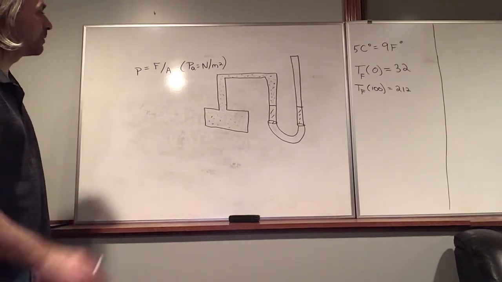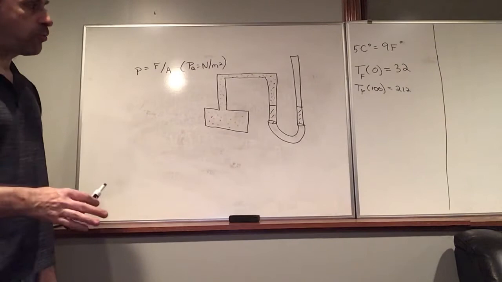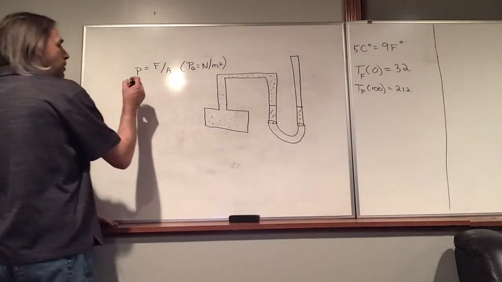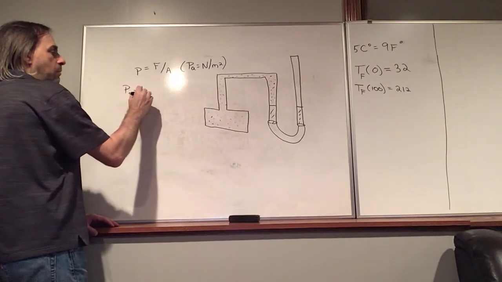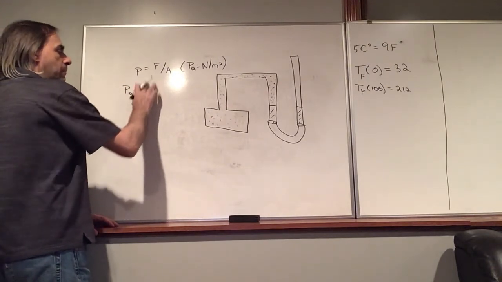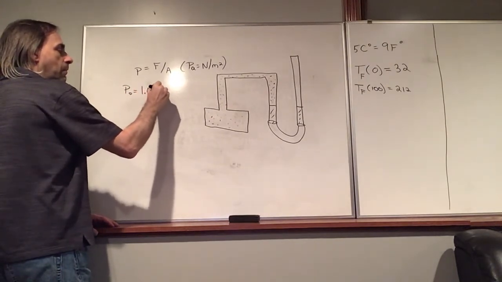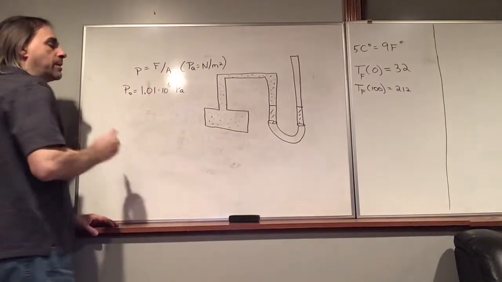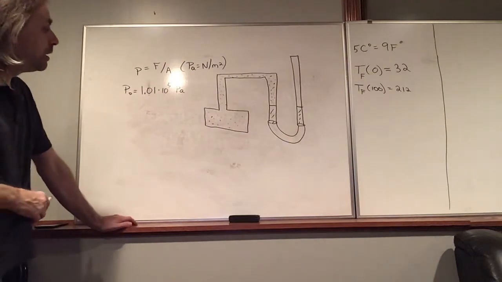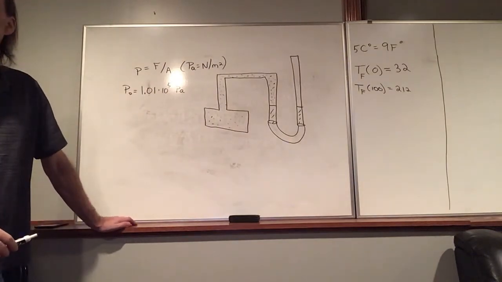Now, atmospheric pressure, standard atmospheric pressure, I'm going to call that P naught. It's around 1.01 times 10 to the 5th power pascals, or newtons per meter squared.